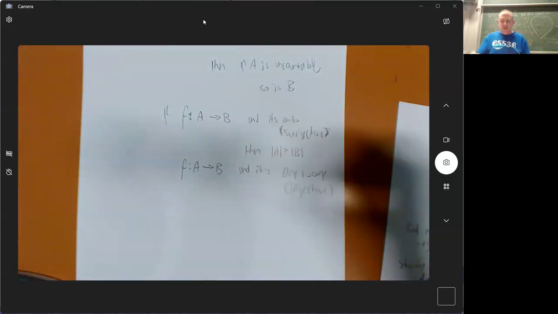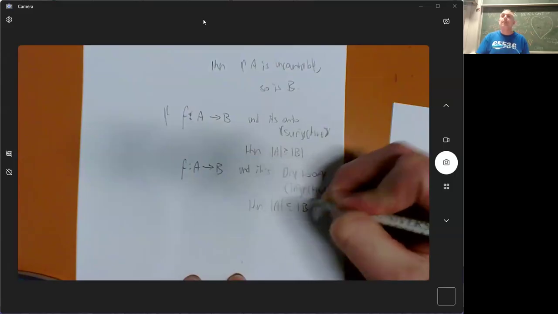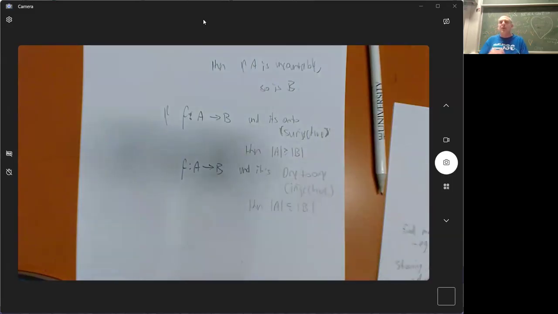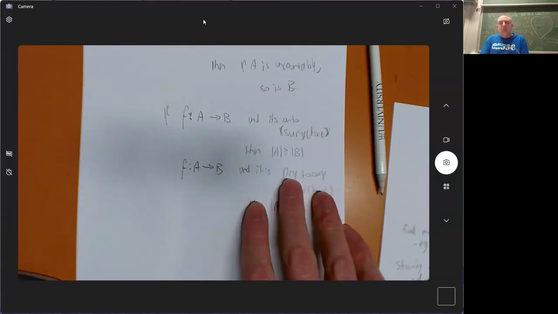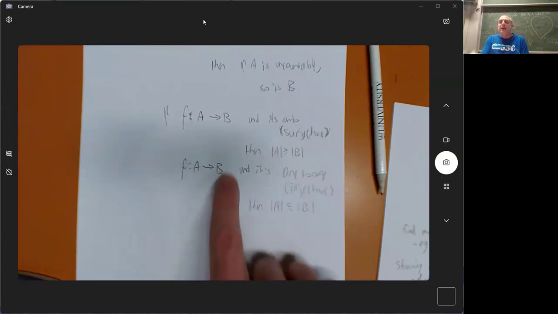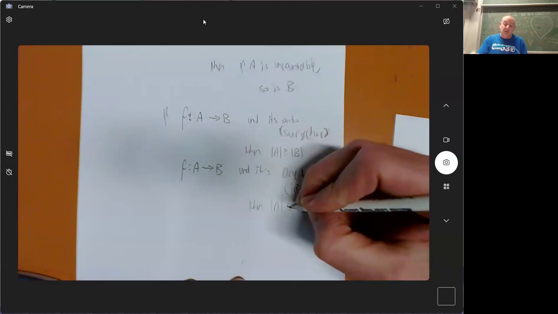Then what that means is that the size of A is less than or equal to the size of B, where less than means something special for cardinalities. Because it's one-to-one, the entire of A fits inside B. There might be some extras. So that's just a useful thing to know.